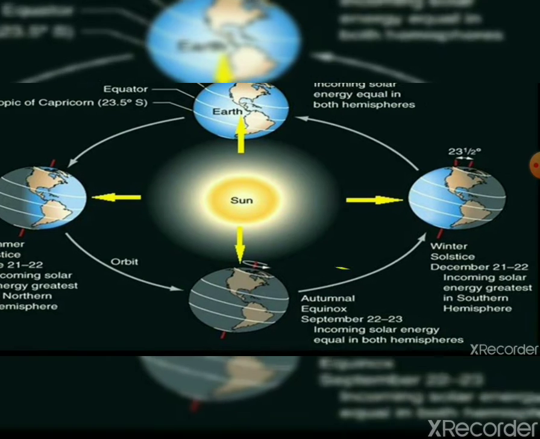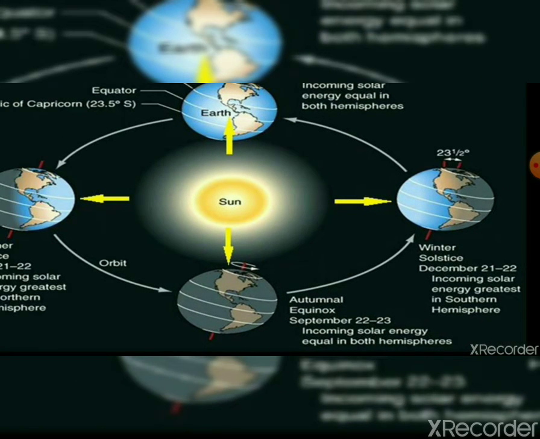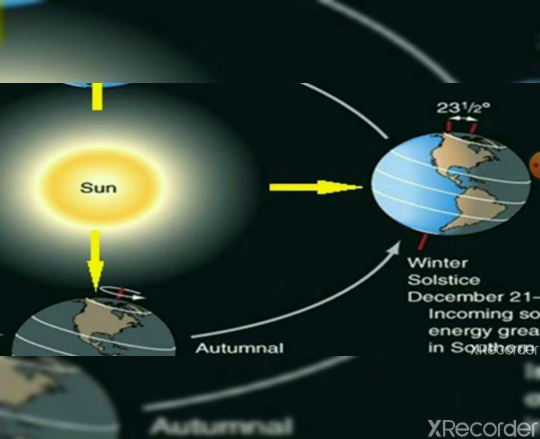Now, on 22nd of December, the Tropic of Capricorn receives direct rays of the Sun, as the South Pole is tilted towards the Sun, and as the Sun's rays fall vertically at the Tropic of Capricorn, a larger portion of the Southern Hemisphere gets light. Therefore, in the Southern Hemisphere there will be summer, with longer days and shorter nights.